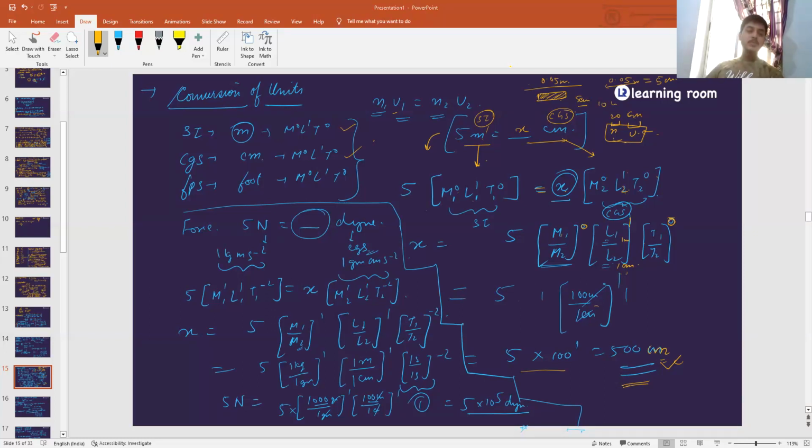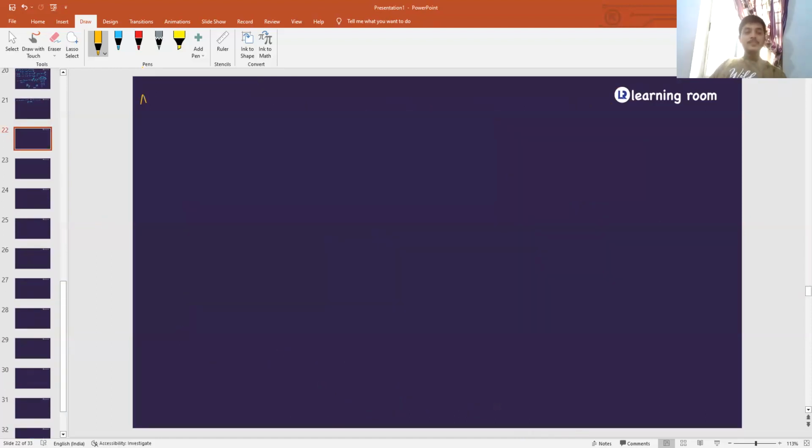Understood? So let us move forward. Today we'll be learning about conversion of system of units. We did checking the dimensional consistency of units.